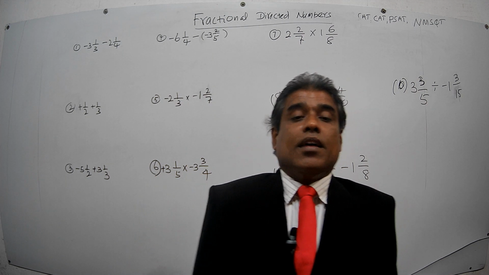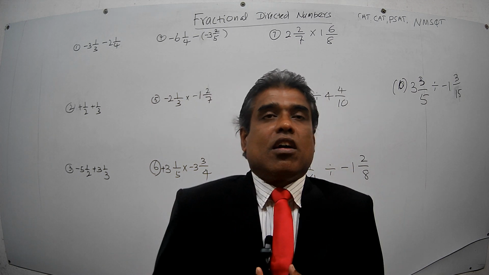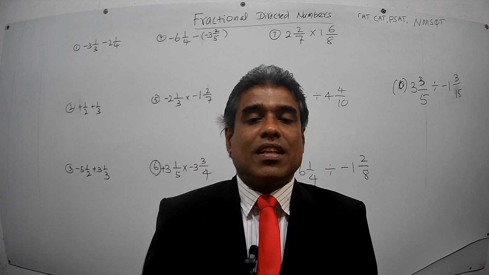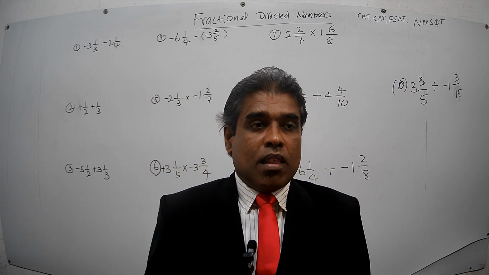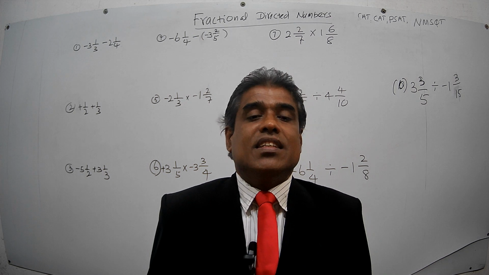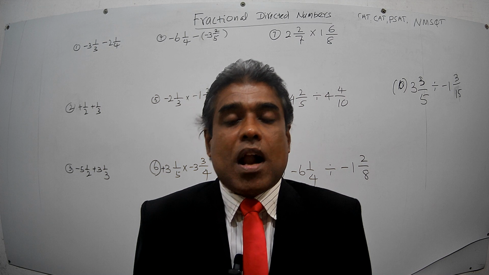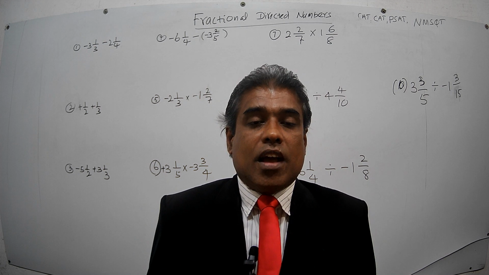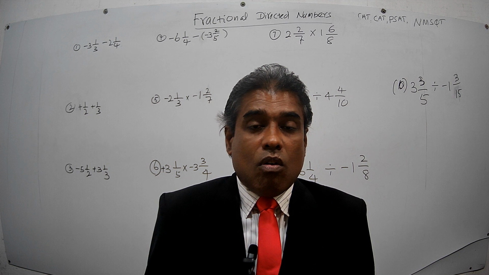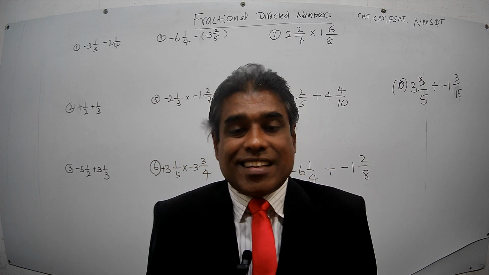Now we speak of directed numbers. When we learn directed numbers, generally we use only whole number examples. They discuss the addition, subtraction, multiplication and division of whole directed numbers generally.